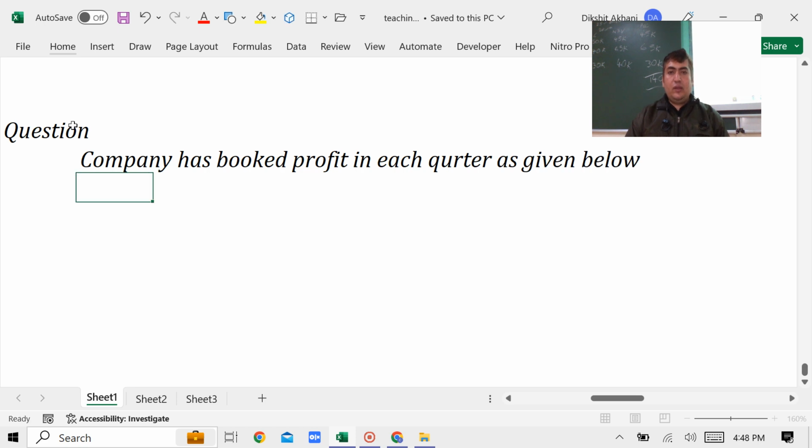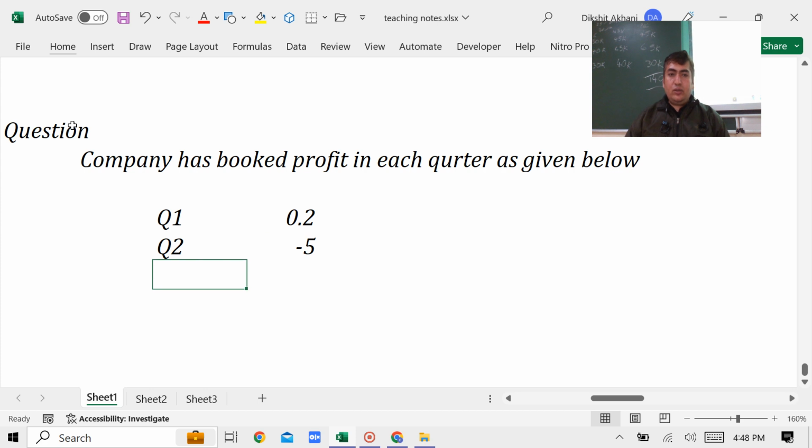Let's say quarter number 1: the company's profit was somewhere around 20 lakhs. Yes, it is lakhs. Quarter number two, the company has a profit of minus 5 crores. Instead of that, let me put it as 0.20, so that would be a good comparison. Quarter three, the company had a loss of minus 10.